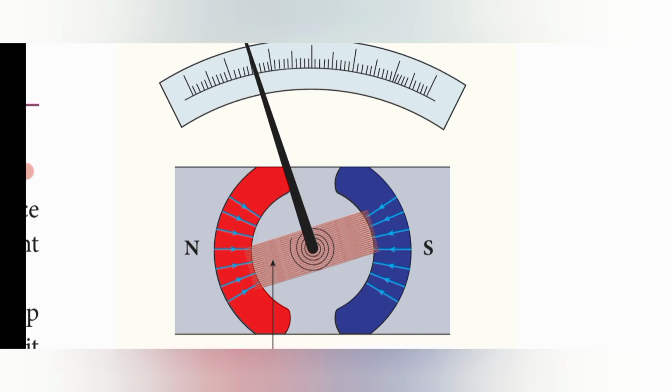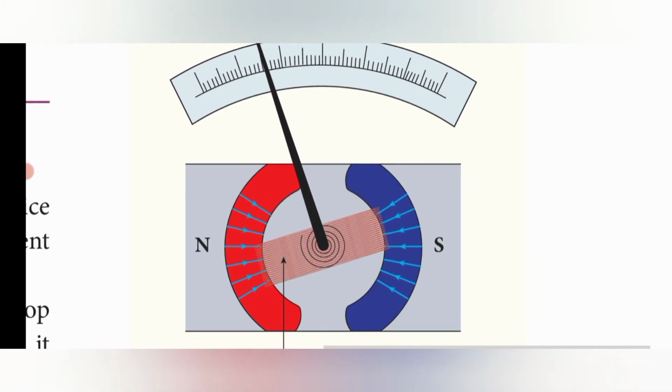Let us consider a rectangular coil PQRS at the center, having a length and a breadth, and an electric current flows through the rectangular coil. Two horseshoe magnets are present on either side of the coil, which produce the north and south poles, and the pointer is also fixed at the center.